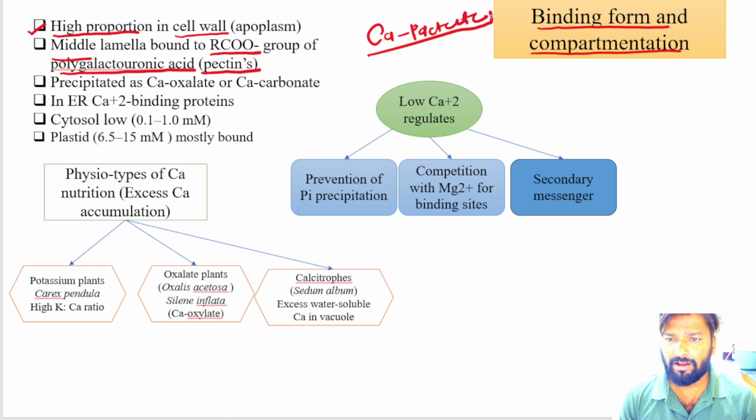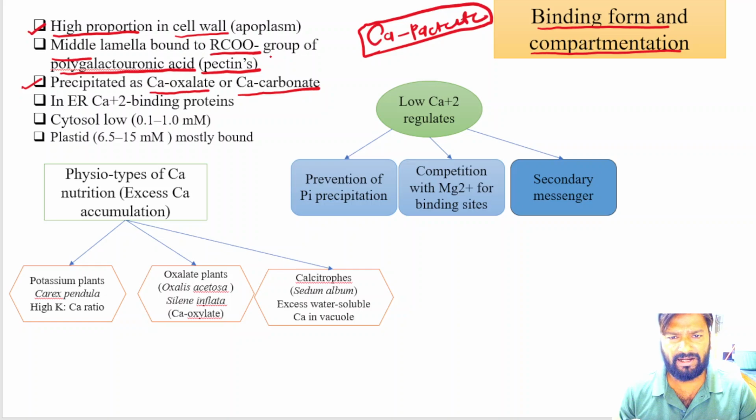So this is the binding form. Next, it is precipitated as calcium oxalate and calcium carbonate. So in some plants it is found in excess amount, where it is precipitated as calcium oxalate or calcium carbonate, which forms the calcium crystals.